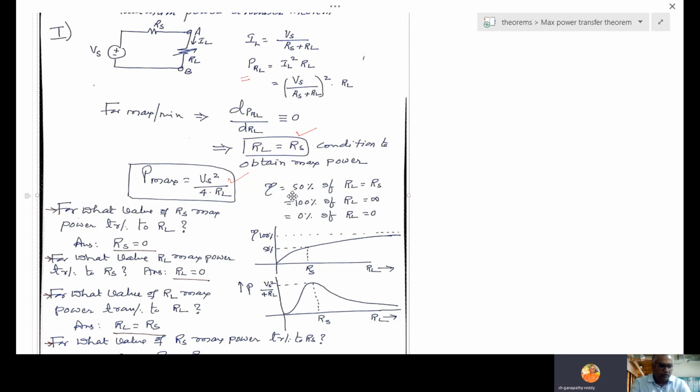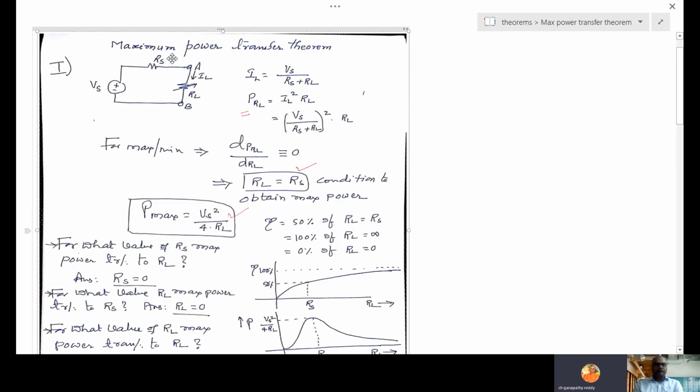When both are equal, 50% of power is wasted in RS and 50% of power is dissipated in RL.